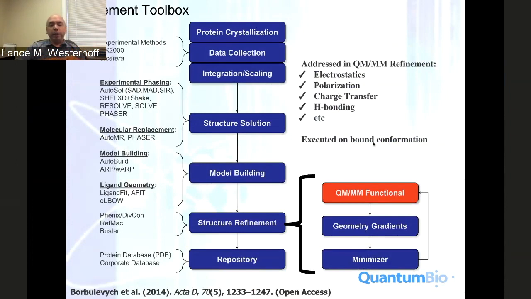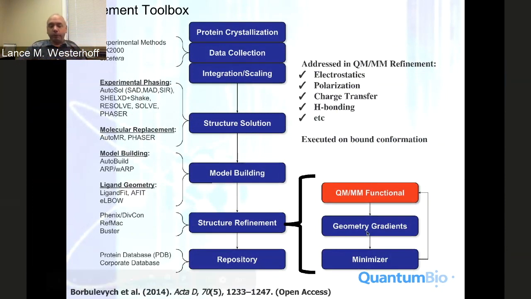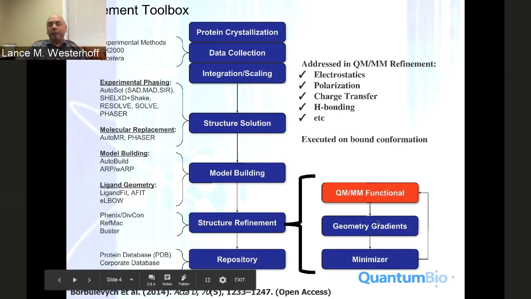So instead of a structure that is based on an unbound conformation, now we have the actual in situ conformation. The nice thing is that the underlying refinement method, whether it's Phenix or RefMac or Buster or whatever, is still based on the same premise that we're generating a set of gradients and then going through that same minimizer.